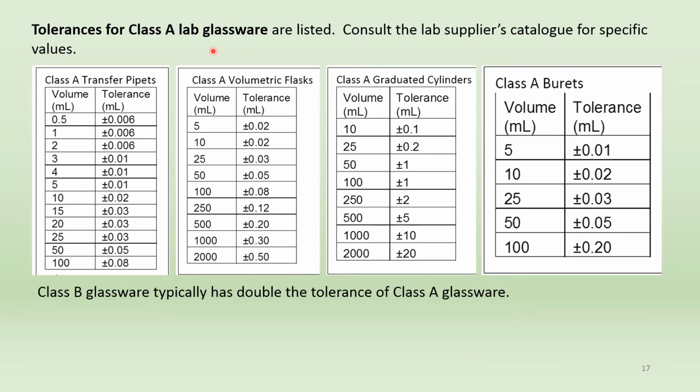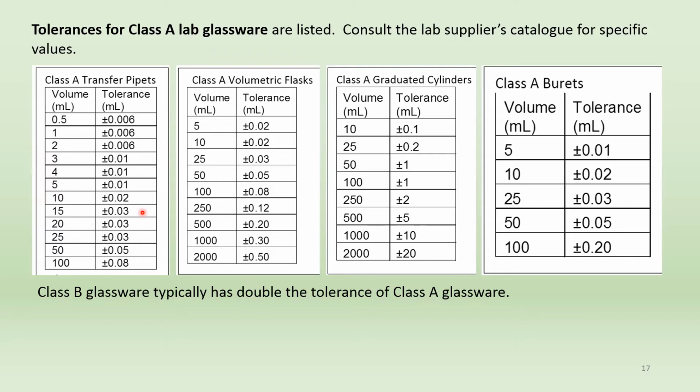So here is a list of tolerances for Class A laboratory glassware, for pipettes, for volumetric flasks, for graduated cylinders, and burettes. So for example, if you had a 15 mL Class A transfer pipette, we're saying that the tolerance is plus or minus 0.03, which means the manufacturer pretty much guarantees that the true volume delivered when operated properly will be somewhere between 14.97 and 15.03.